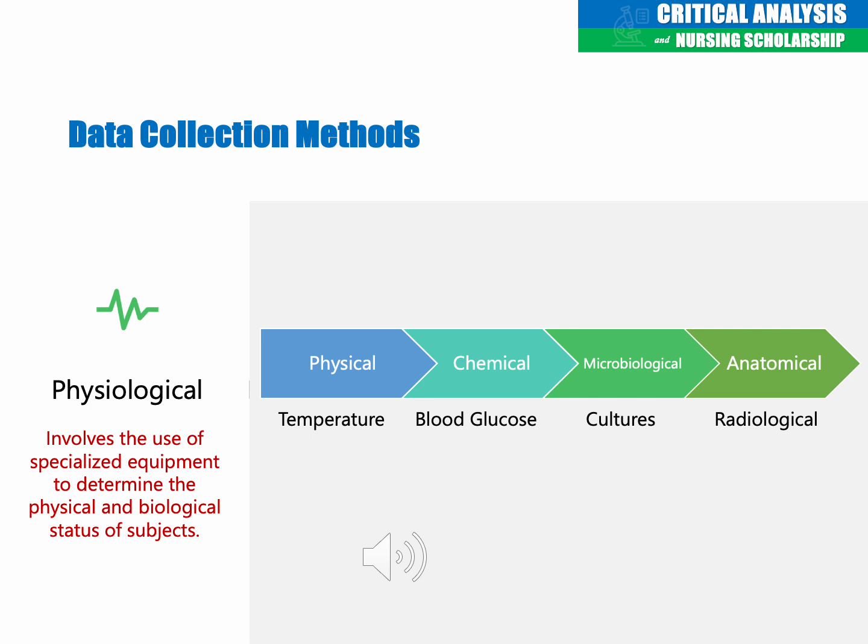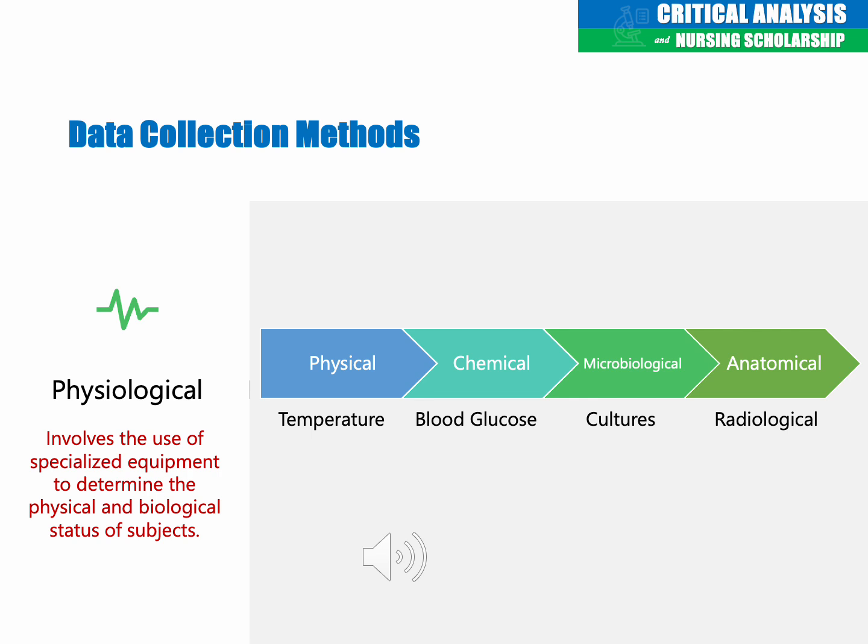It could be chemical, especially if your research involves patients with diabetes and you want to measure blood glucose. Or it could be microbiological, if your research includes accessing blood cultures, for example. Or if your research involves utilization of radiological results, such as X-ray or CT scan, we call it anatomical.